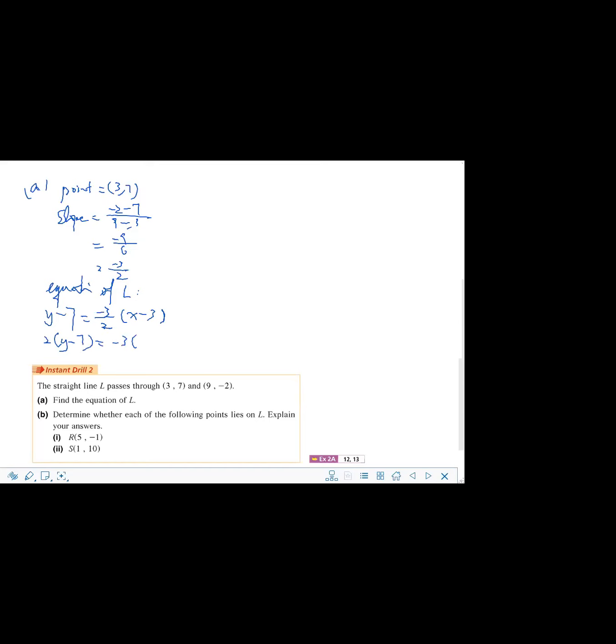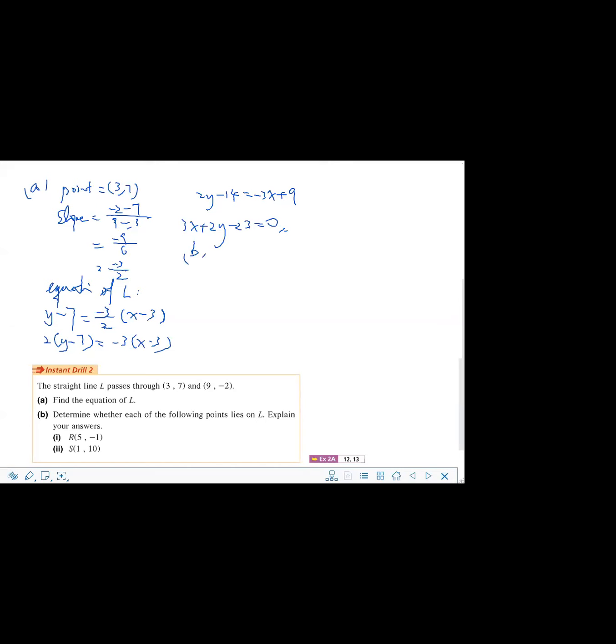So -3x minus 3, removing the brackets. And then moving all terms to the side where x is positive. So 3x plus 2y minus 23 is equal to 0. Okay? Am I correct? Yes.